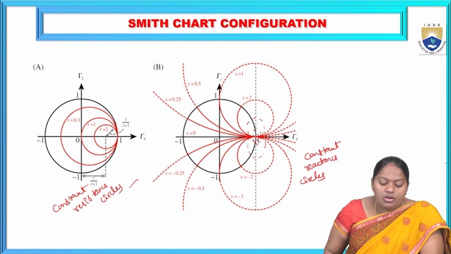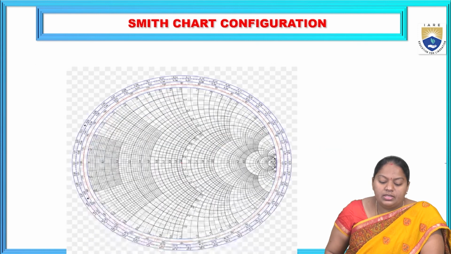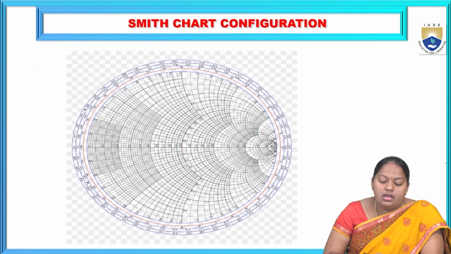Now, if we combine the two on the same graph, how will it look? This is the impedance Smith chart.